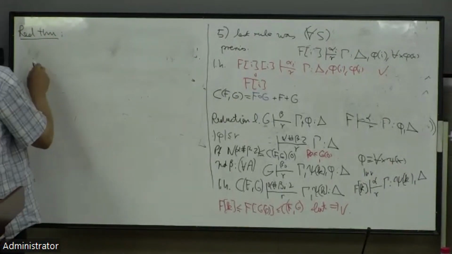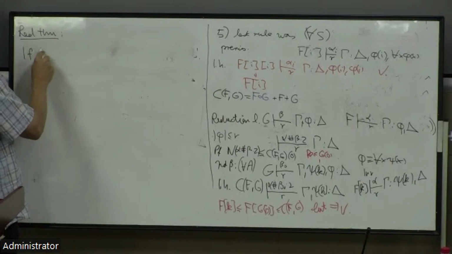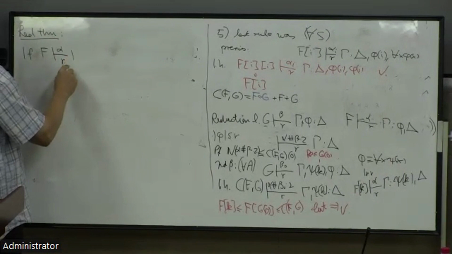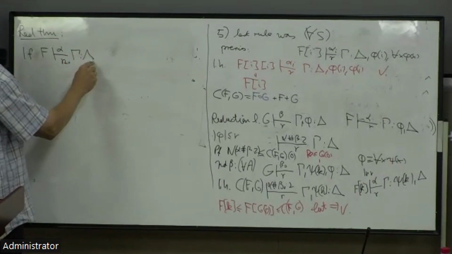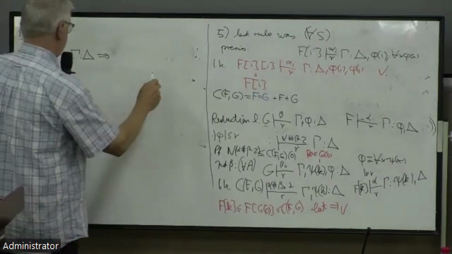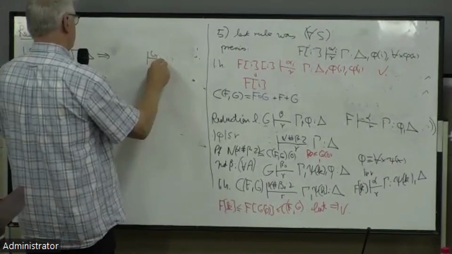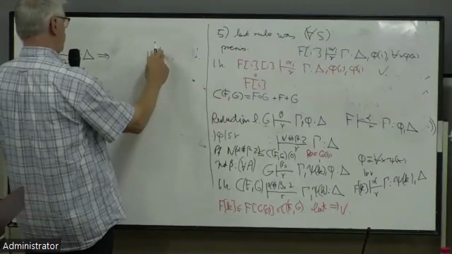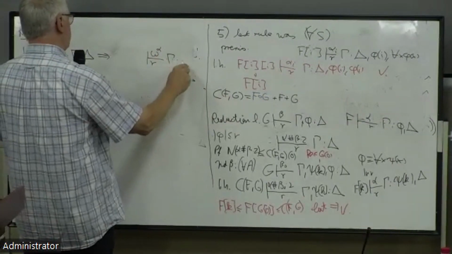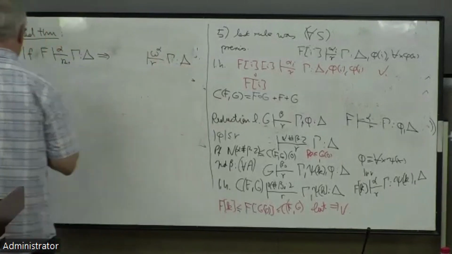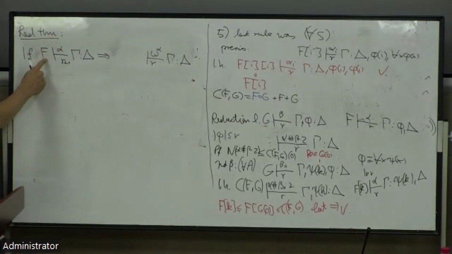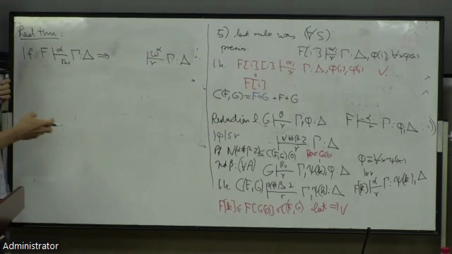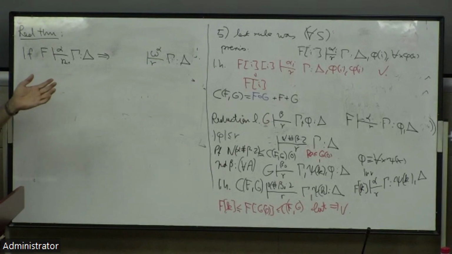So assume if f controls with alpha and r plus 1 derivation gamma delta, then we want to have with omega to the alpha and r, so we reduce cut length by 1 and get here exponential gamma delta. And the question is, when we have here operator control as f, what is the operator control for doing this?